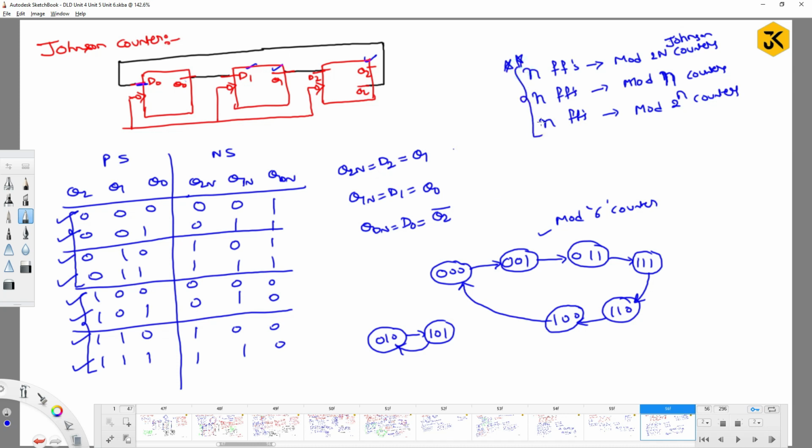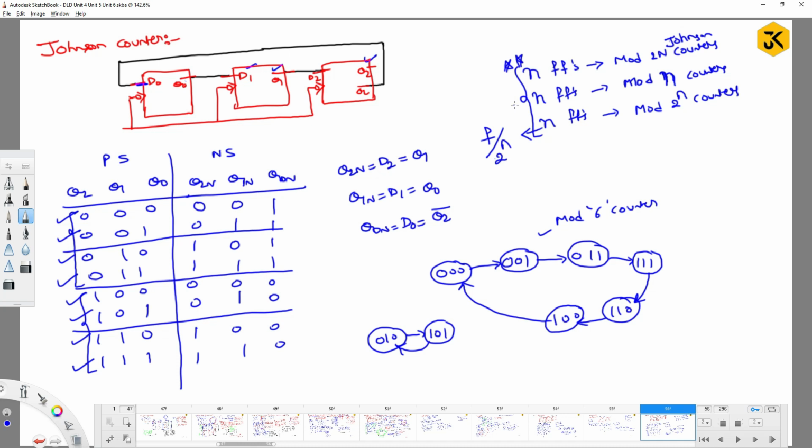Not only this, we can conclude the remaining things once again. What about the frequency? If you have an n-bit ripple counter, how is the frequency? Frequency is going to be f by 2 power n.